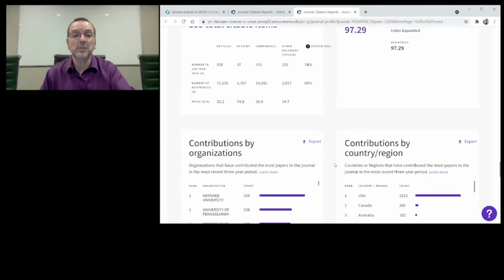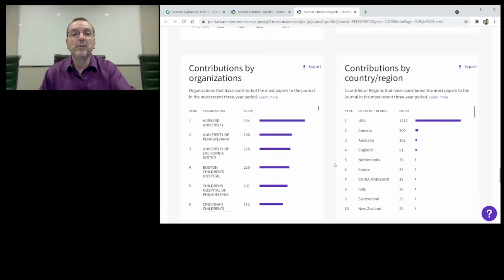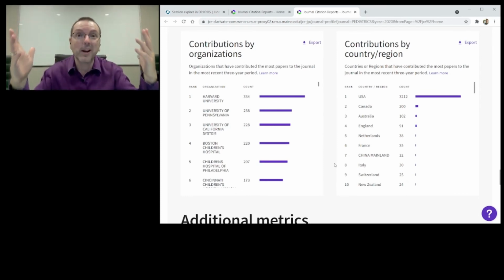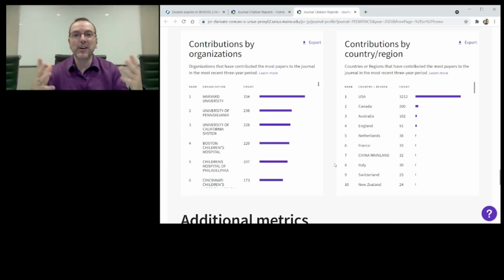Then we have information about the authors of articles, or items, that have appeared in the last 3 years, organized based on the academic home of the author.